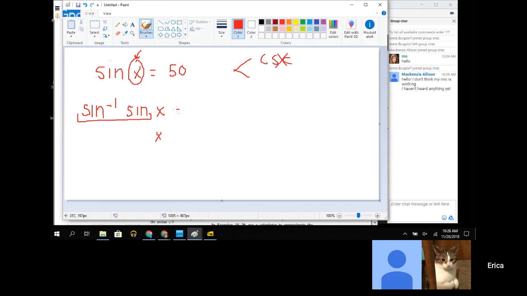But if I take the inverse sine of one side, then I have to also take the inverse sine of the other side. And this is a value that I can calculate either with a unit circle or a graphing calculator. So the inverse sine is really powerful in solving equations.